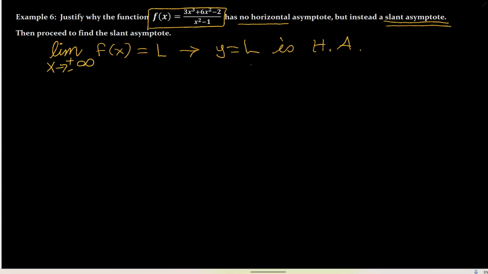So in this problem, while searching for that horizontal asymptote, we are looking at the limit as x goes to infinity of 3x to the third plus 6x squared minus 2, all divided by x squared minus 1. Okay, let's go ahead and do a little thinking here.